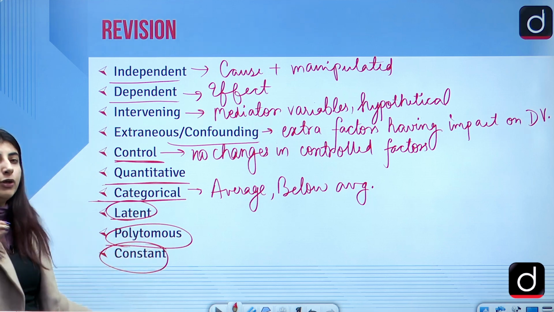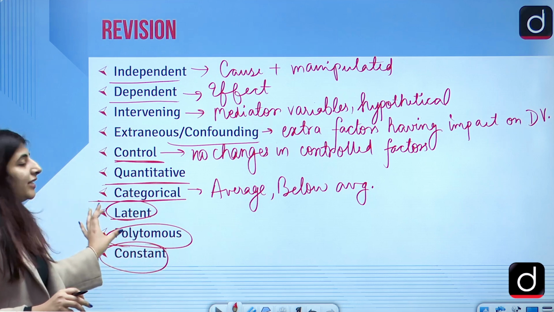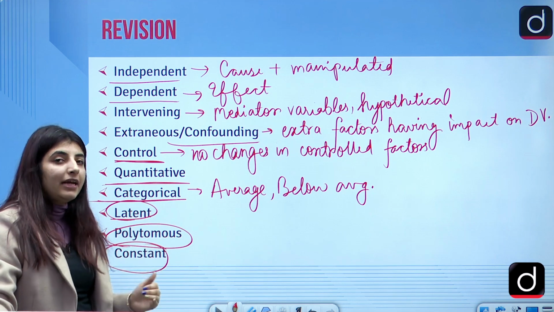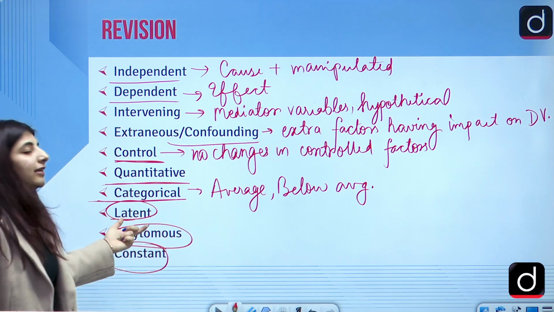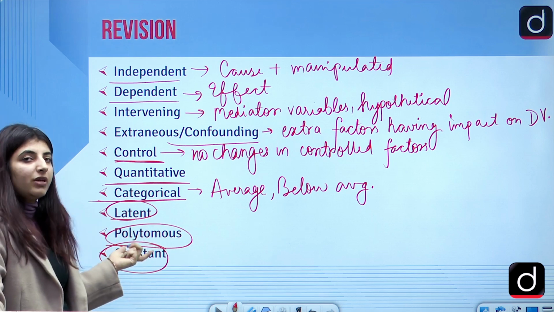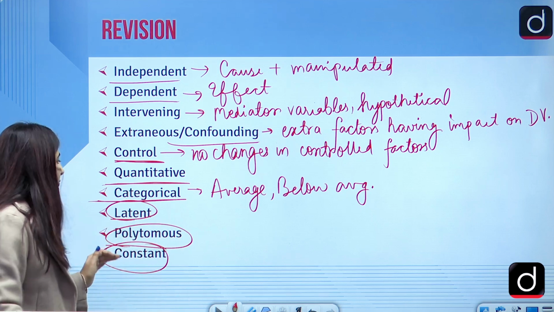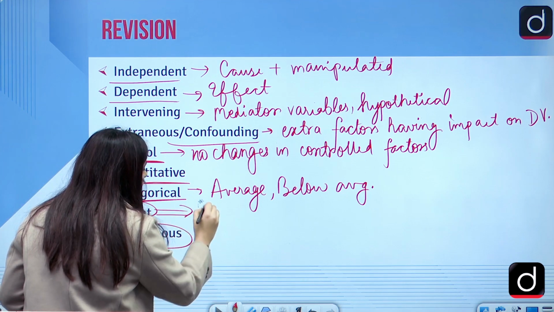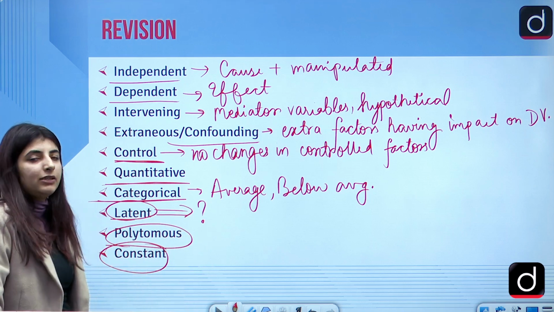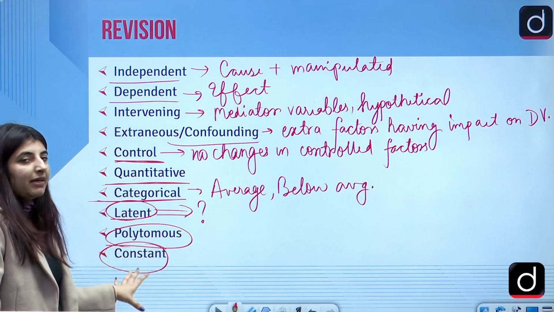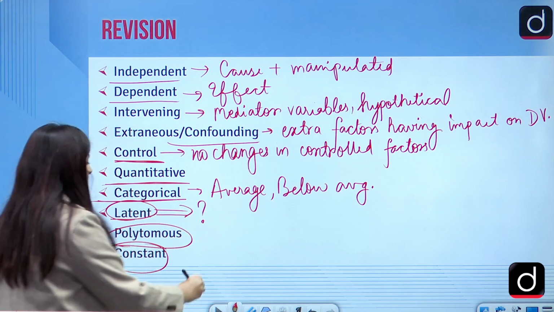This is a question for you as well. Tell me in the comment section, because I will be talking about this variable in the next video as well. But for the very first time, I'll be asking you, what do we mean by a latent variable? But I'll explain the other two here.